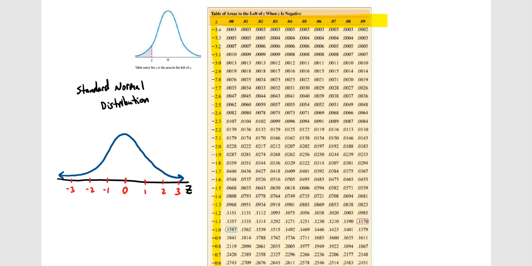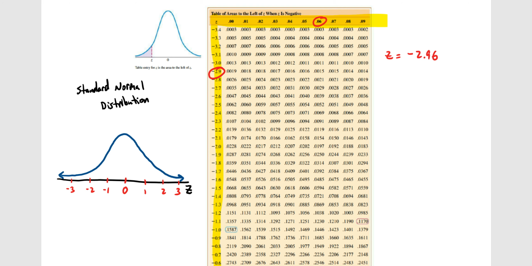On the top row, we have it to the nearest 100th. So for example, if we were looking for the z-score of -2.96, -2.9 would be right here. 0.06 would be right here. Together, that makes -2.96.